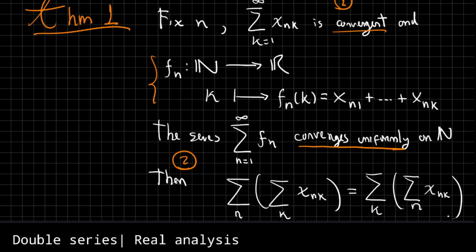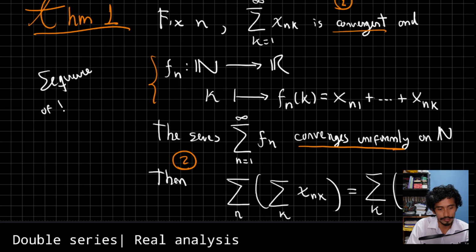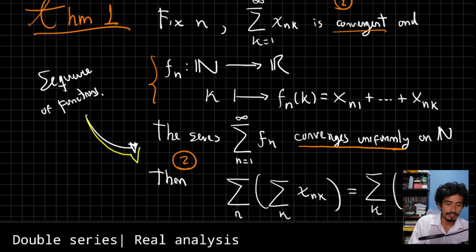So this falls under the theory of sequences of functions, because here we have this very heavy assumption that the series is uniformly convergent, and under these conditions we will have the desired equality. But now you may wonder what is the meaning of that?